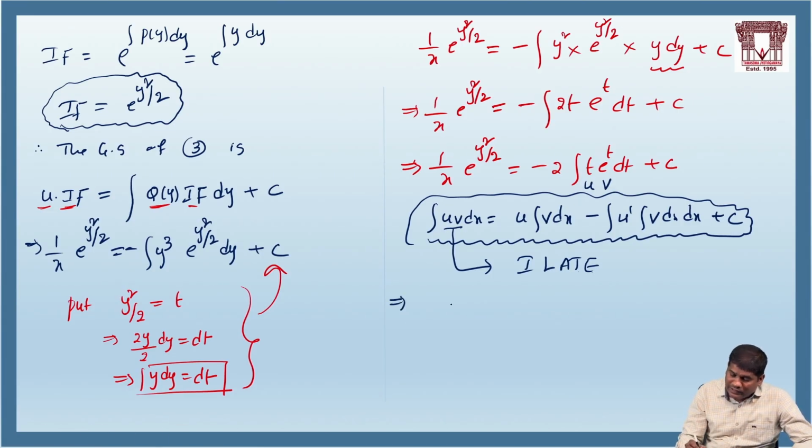Now we have to evaluate this integral according to this formula. 1 by x into e to the power y square divided by 2 is equal to minus 2 times of, first we have to write the u as it is, t. Integration of e power t is the same as e power t, e to the power t into dt minus integral u dash, derivative of t is 1.